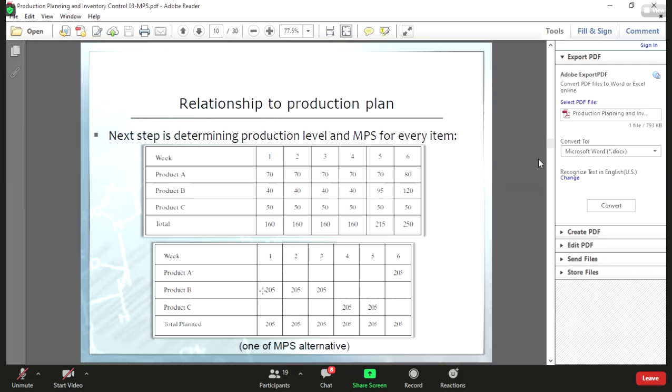I just give this as an example. In MPS, we can arrange the production quantity of every item by ourselves. But this is a bad example. Why?